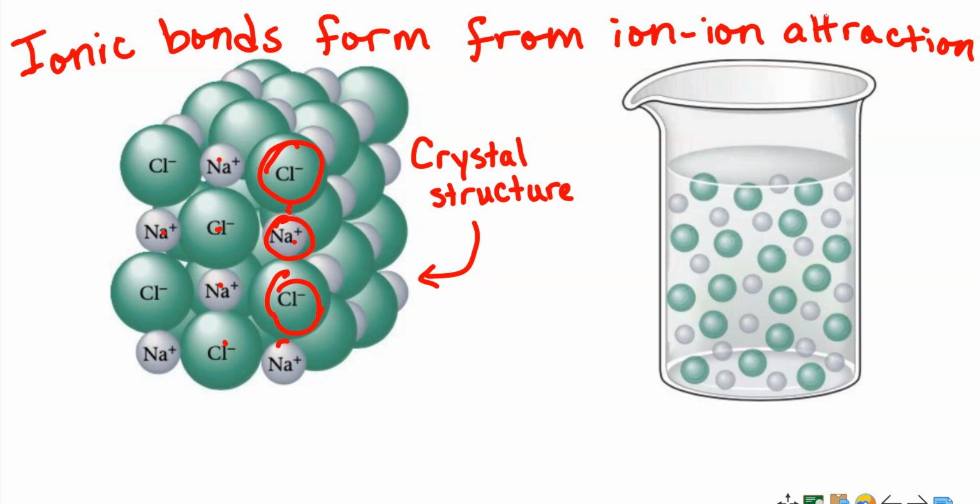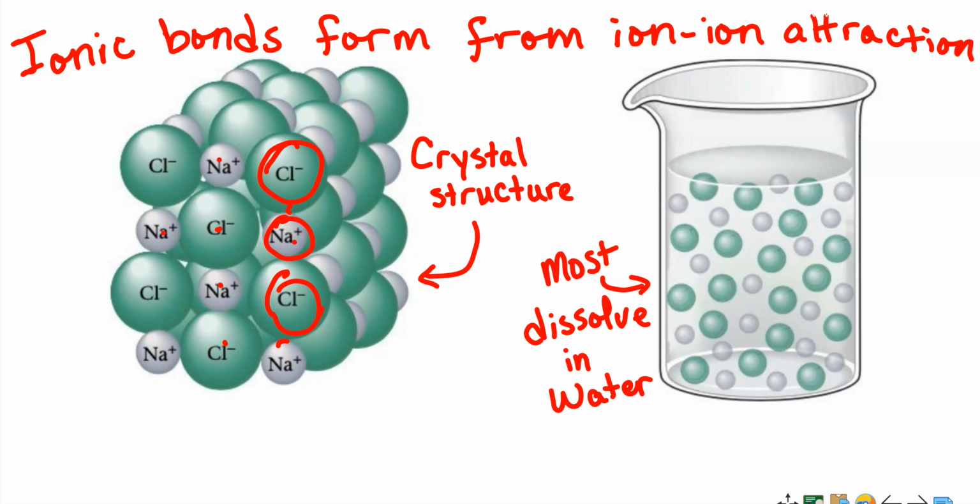Now, another characteristic of ionic bonds is most dissolve in water. There are some exceptions that we'll talk about later, but for all intents and purposes right now we can say that ionic compounds tend to dissolve in water, and we'll talk about why a little later in this video.